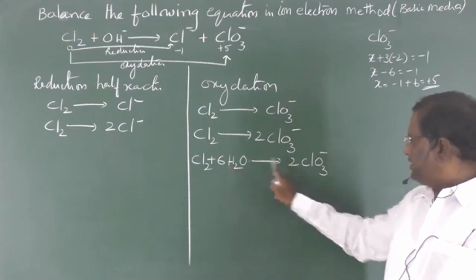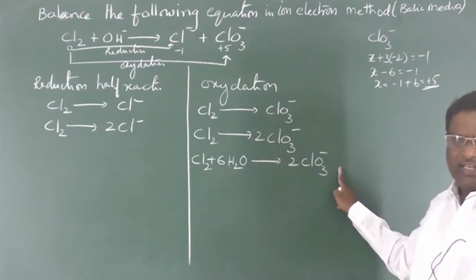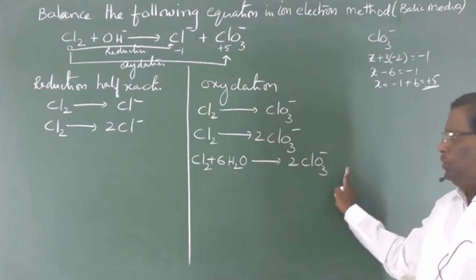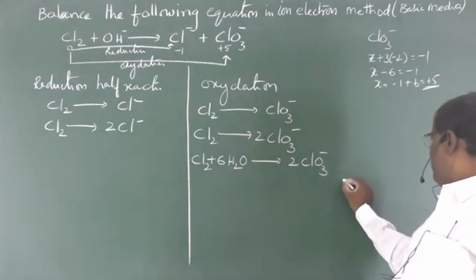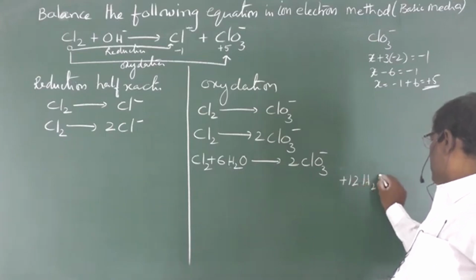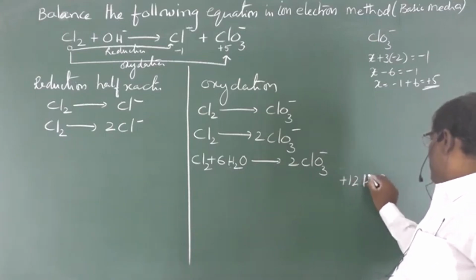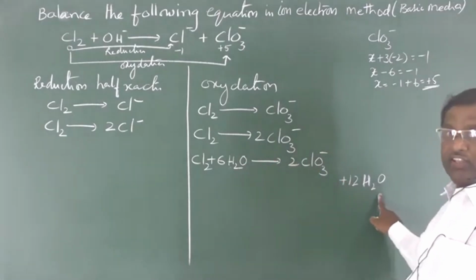To balance hydrogen, this side there is no hydrogen. So to balance hydrogens, 12 hydrogens are there, you have to add 12 H2O this side.